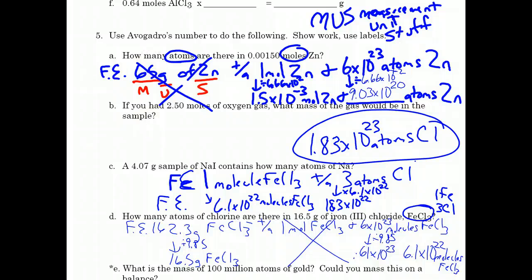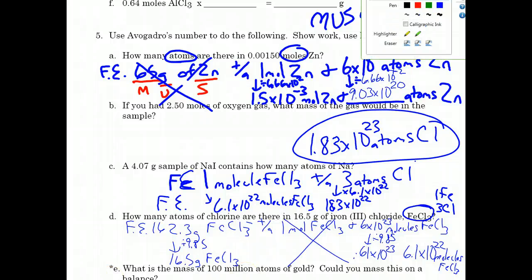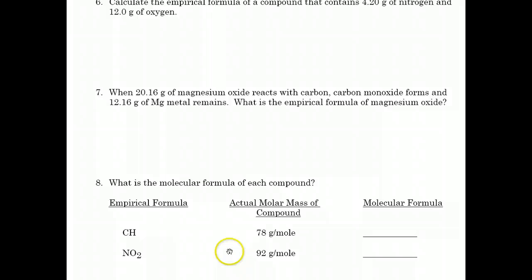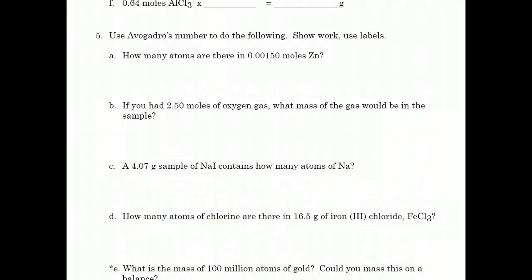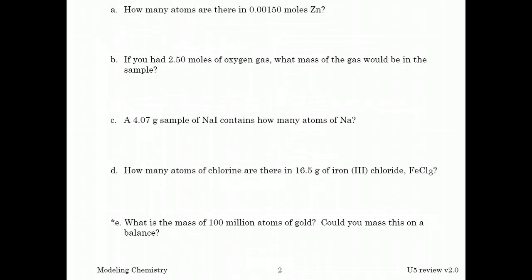And then let's just talk through the last one, letter E, over here. Just clear this out. Okay, and letter E said, what is the mass of 100 million atoms of gold? Well, 100 million is 100 times 10 to the 6th atoms of Au, which is gold.